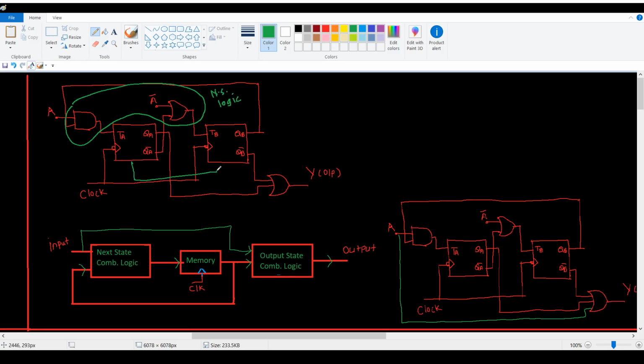These two flip-flops represent the memory. And this OR gate represents the output state logic.